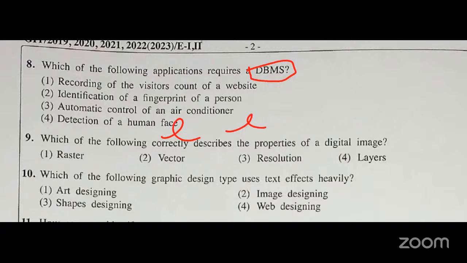Recording the visitors count in a website, identification of fingerprint. Yes, fingerprint is important because the previous fingerprints should be stored in a database. That's why that answer is suitable.